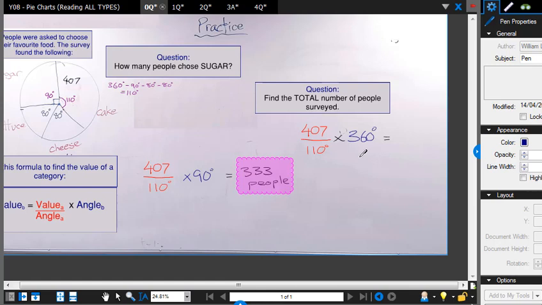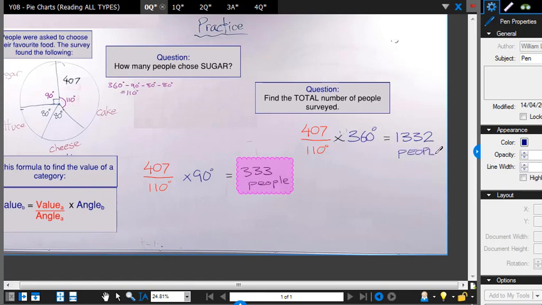If you actually want the answer, I don't have a calculator right now, but 90 degrees is 333, so 360 degrees is 4 times this. That should be 1,332 people in total.